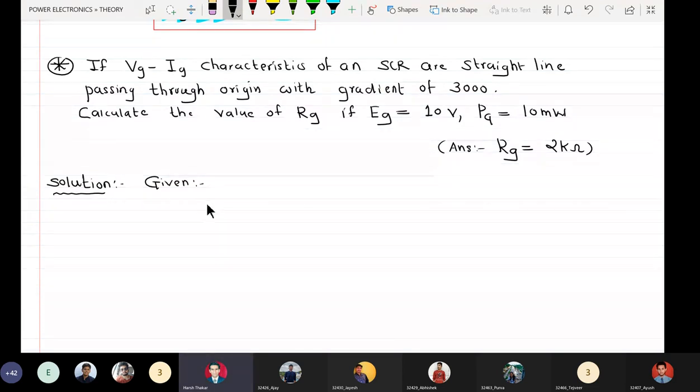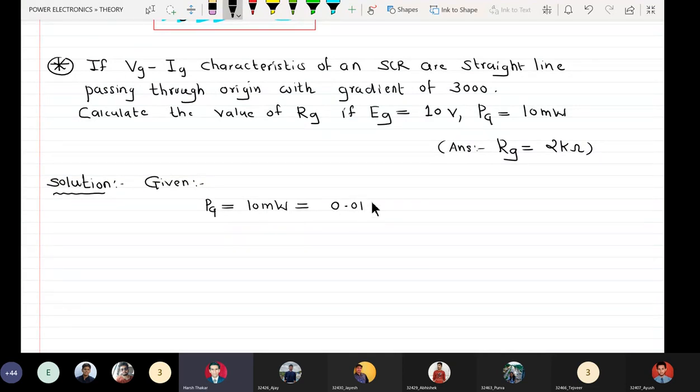So given: gate participation is 10 milliwatts, equal to 0.01 watt. Eg equal to 10 volt.